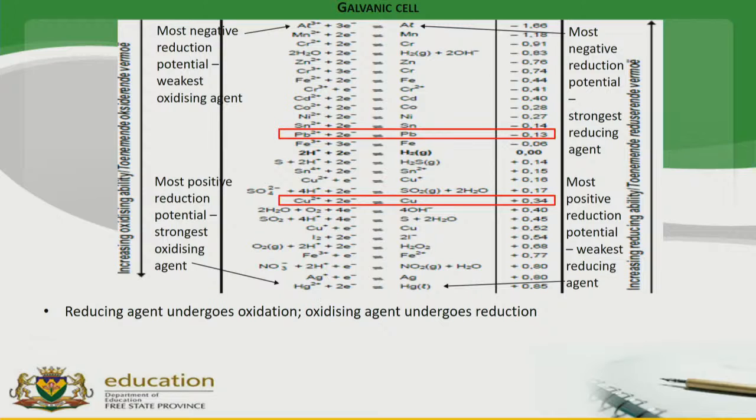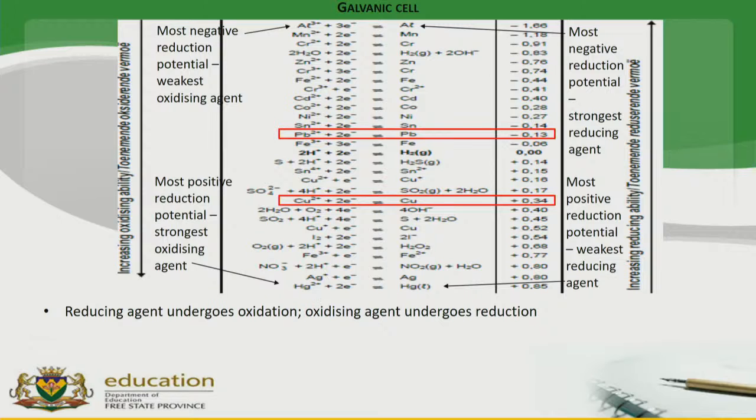It means copper 2 ion has a stronger oxidizing ability than lead 2 ion, or copper 2 ion is a stronger oxidizing agent than lead 2 ion. So you cannot say lead is a stronger oxidizing agent, because lead is not an oxidizing agent. It is on the right. It is a reducing agent. The one that is an oxidizing agent is lead ion.